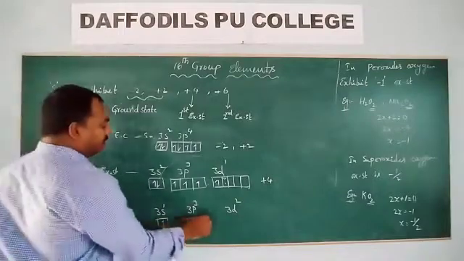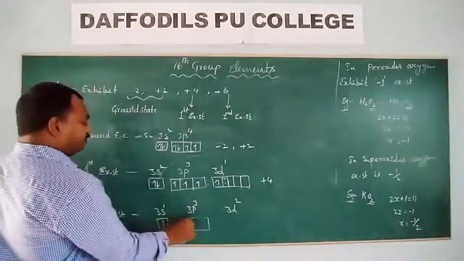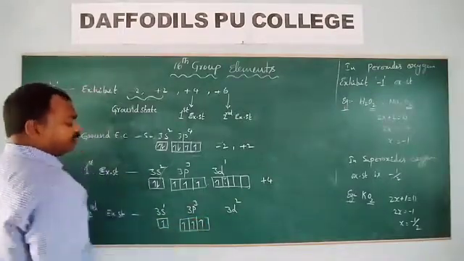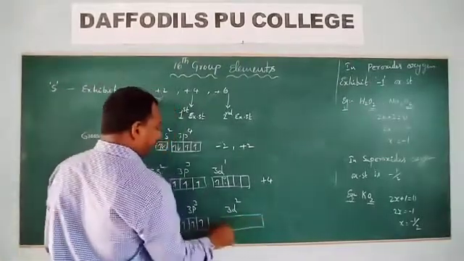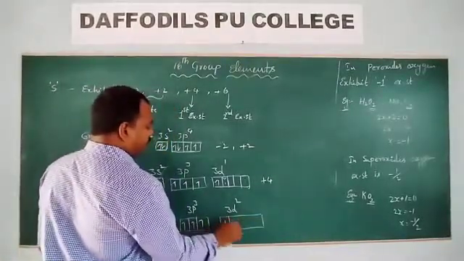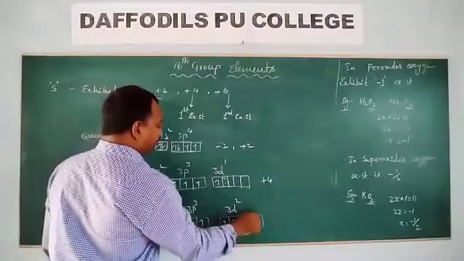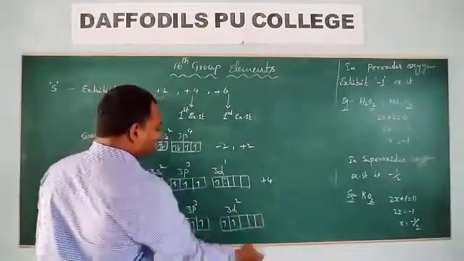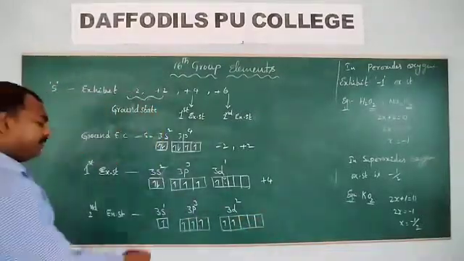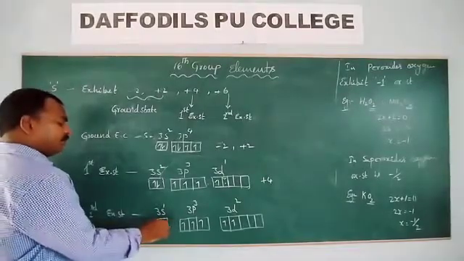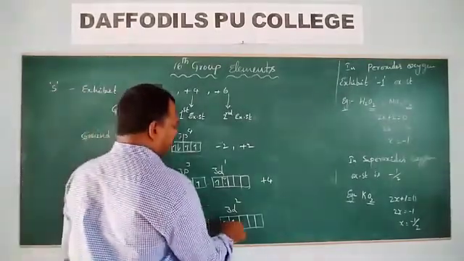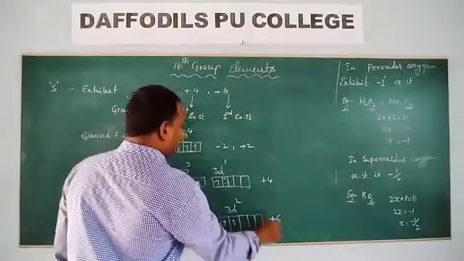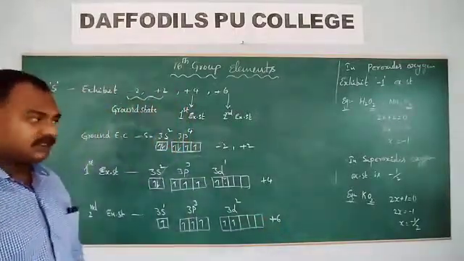Here you will get 1 electron in p orbital. 3 unpaired electrons are there in p, and in d orbital, 2 unpaired. So how many unpaired electrons are there? 1, 2, 3, 4, 5, 6. So we will get the +6 oxidation state.